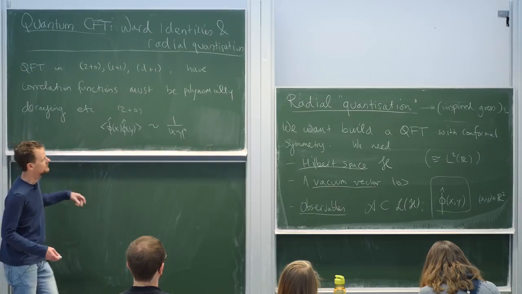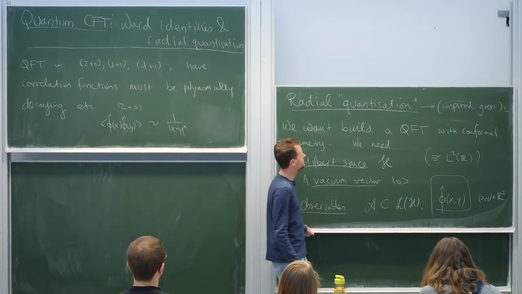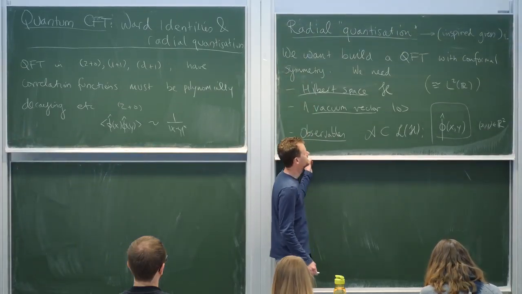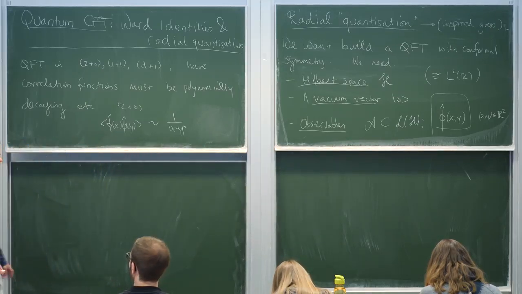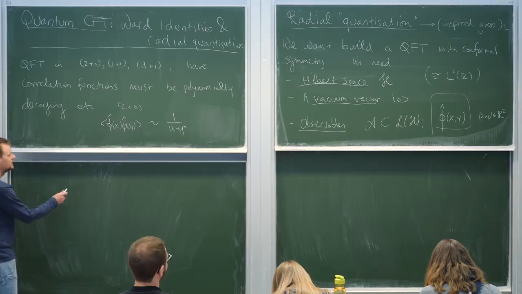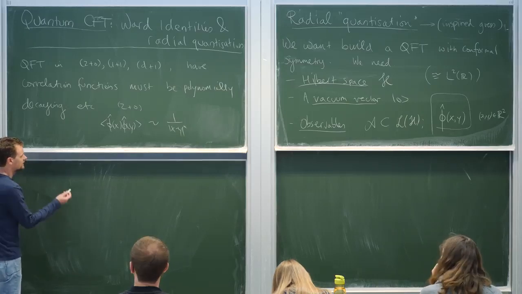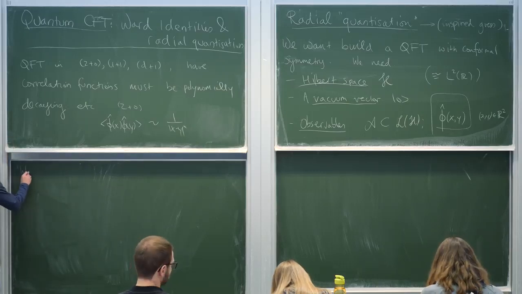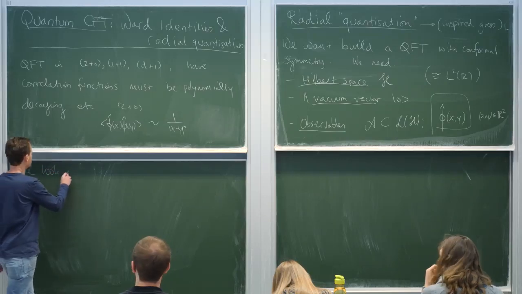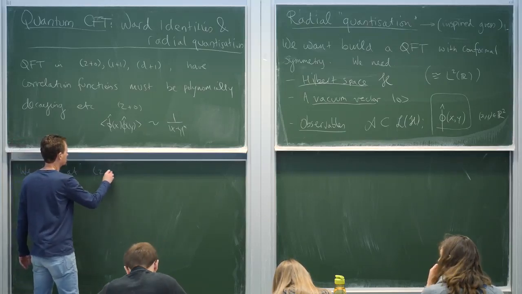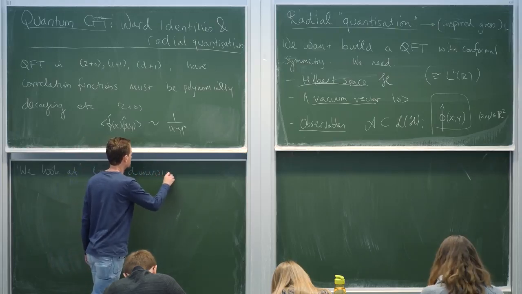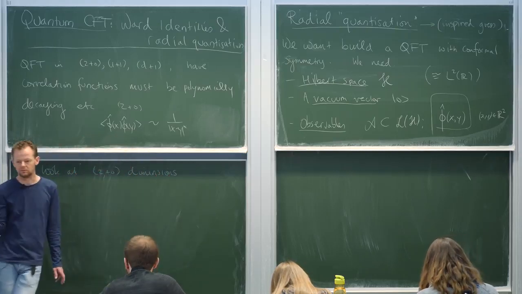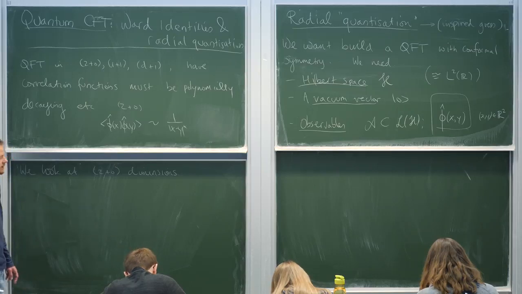Now there's another aspect that one should stress, and this is also, I find, quite confusingly presented in conformal field theory texts. We look at 2 plus 0 dimensions, largely, today, although I can make some comments in more generality.